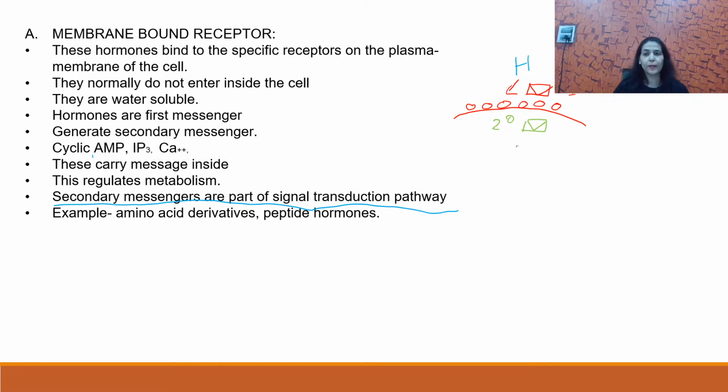This secondary messenger could be cyclic AMP, or a calcium ion, or inositol triphosphate. All these act as a secondary messenger. They take the message inside the cell and then initiate metabolism. So they can cause either anabolism or catabolism. Is that okay to everyone? Shall we move further?